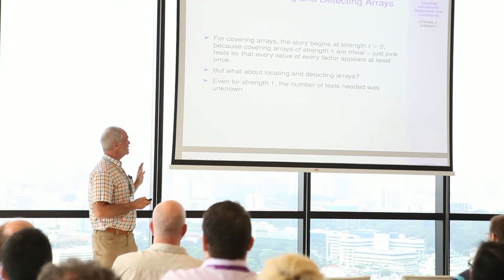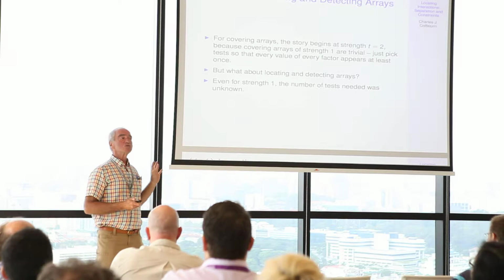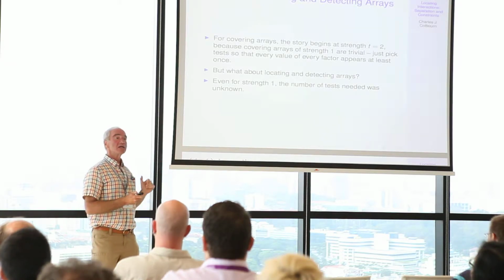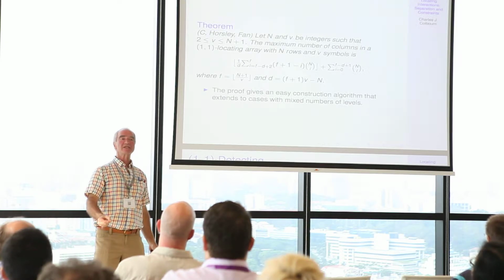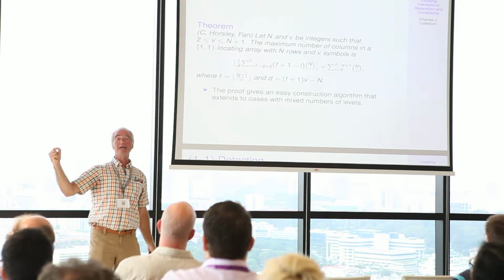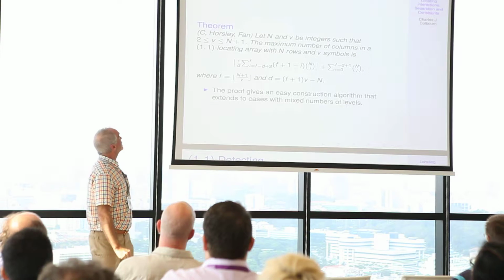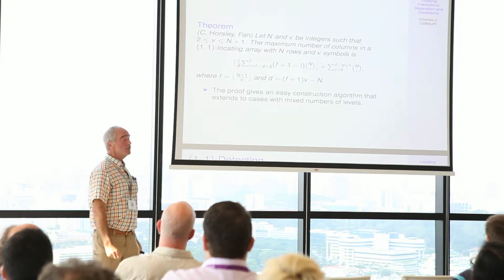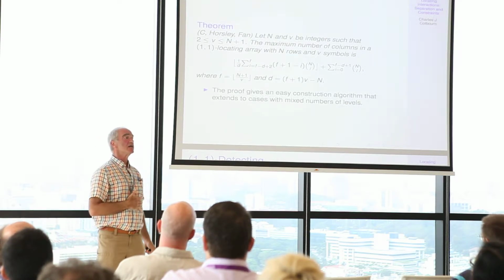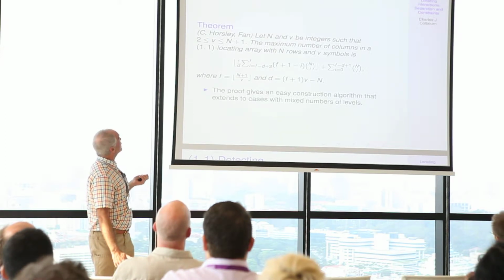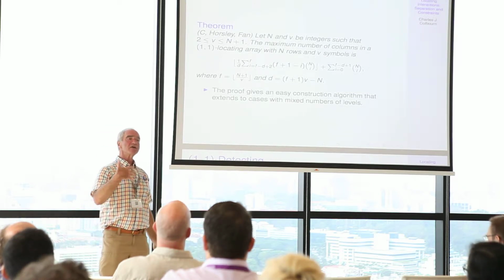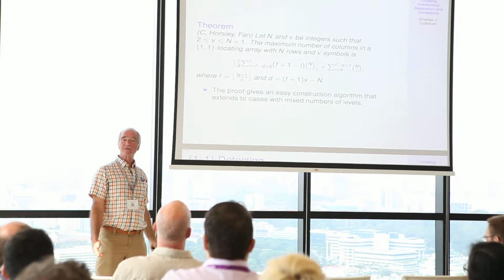I'll just tell you quickly one case where Daniel, Bing Lee and I came up with an explicit formula that tells you exactly what the size is of a locating array, and in fact gives an algorithm for the construction. This is just a sum of a number of binomial coefficients, and there's a very natural construction that goes with it.